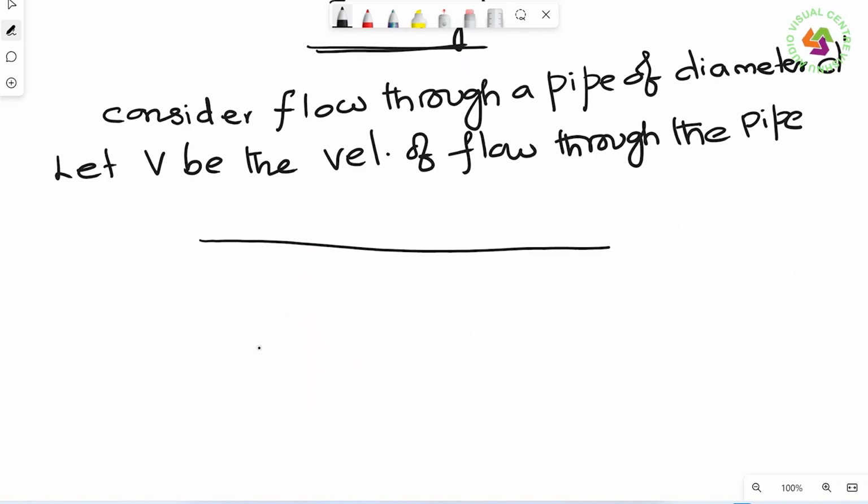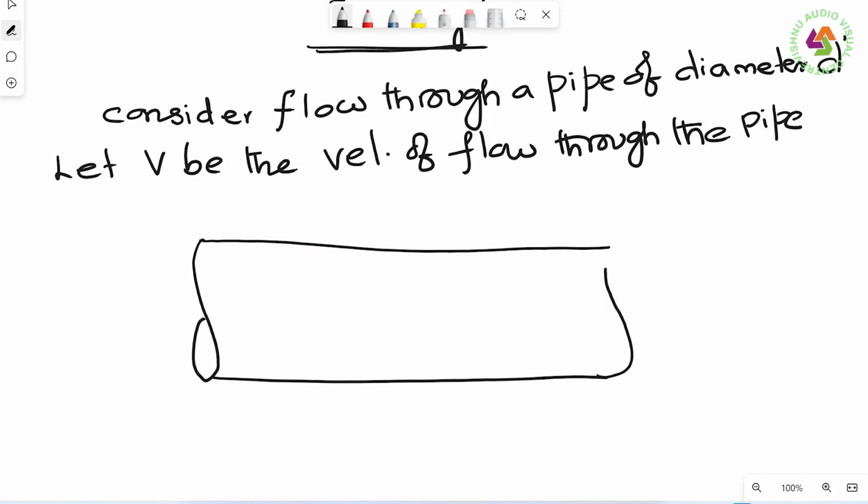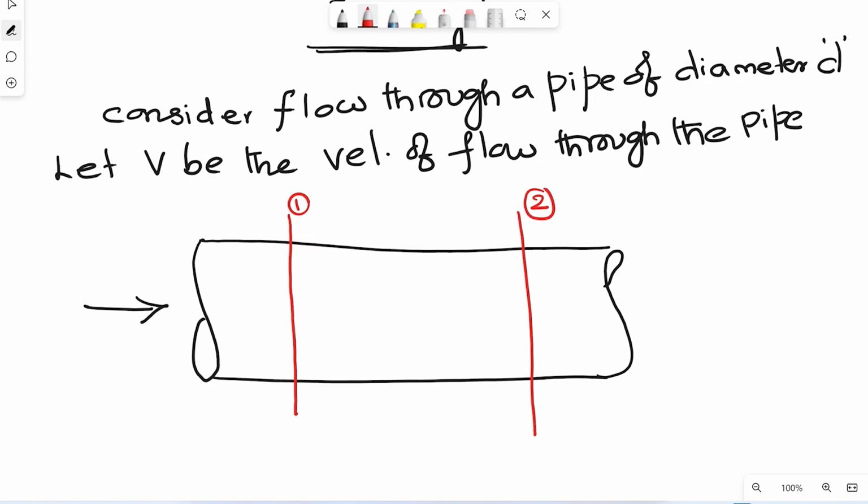Suppose if I draw, this is the pipe, this is the flow. I consider two sections like this, section 1, section 2. These are the two sections. Now the pressure at this section is P1, whereas the pressure at this section is P2.